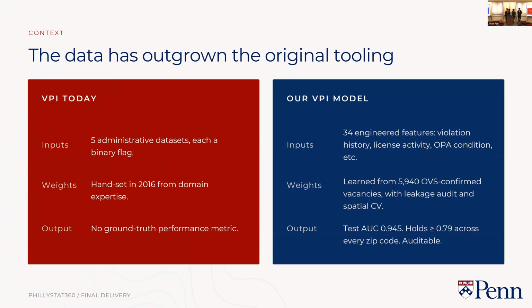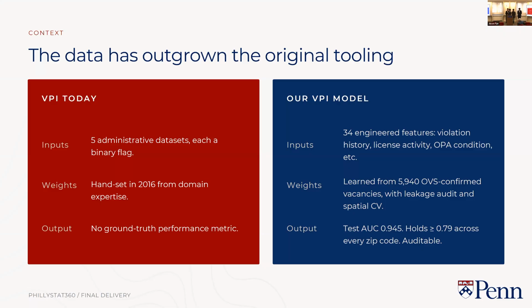The data has outgrown the original tooling. The VPI today takes 5 administrative datasets as input, each a binary flag, and its weights were hand-set in 2016 from domain expertise. It outputs no ground truth performance metric. But in our model, we input 34 engineered features: violation history, license activity, OPA conditions, and so on.